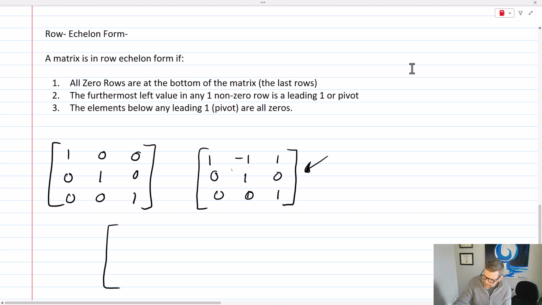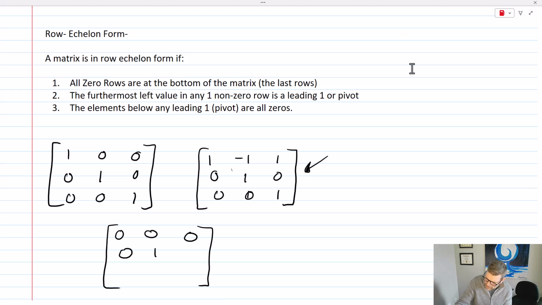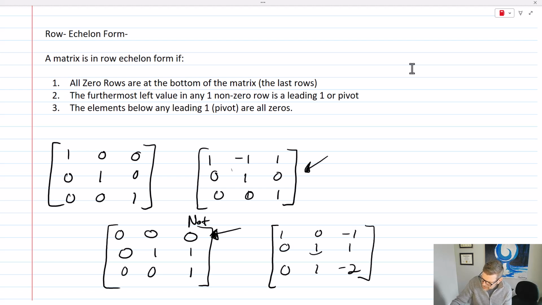On the other hand, a matrix like this is not in row echelon form because its row of zeros is at the top instead of at the bottom. Or, we might have something like this. In this case, this value right here is a leading 1 or a pivot. We have no zeros below that leading 1 or pivot.